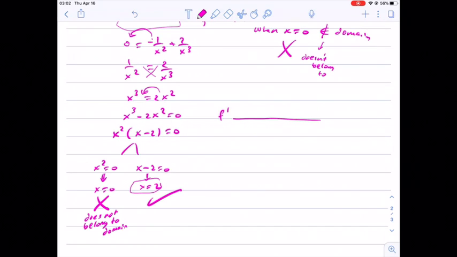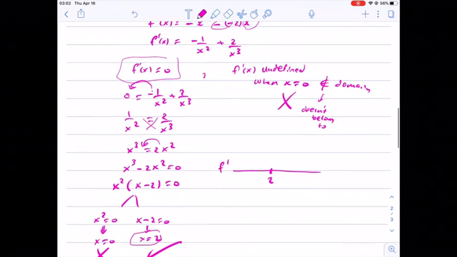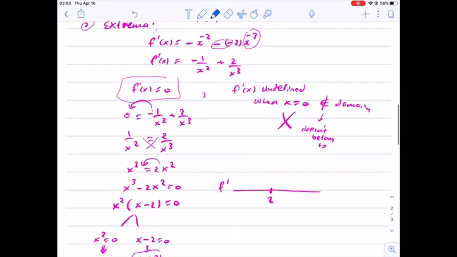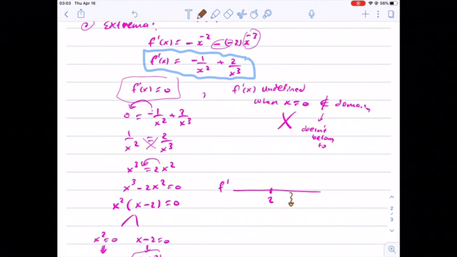And after that we make a sign chart of f prime, and we set x equals 2 here, and then we study the sign of f prime. But f prime is given by negative 1 over x squared plus 2 over x cubed. So we choose some values here.